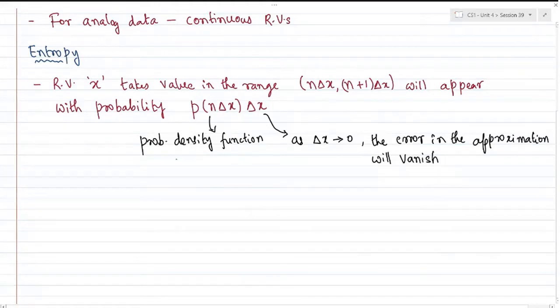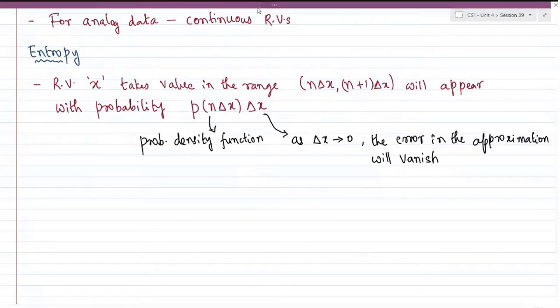Okay, because there would be no probability itself, which leads to the fact that there would be no uncertainty. So as delta x tends to 0, as the range diminishes to a single point, then obviously there would be no error involved in defining a particular random variable x.